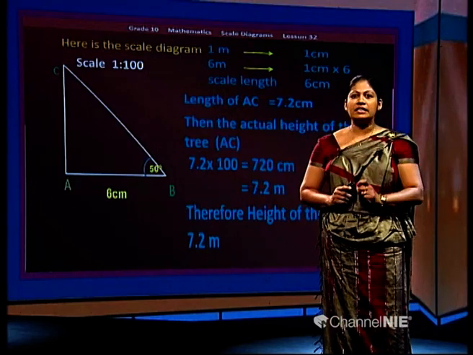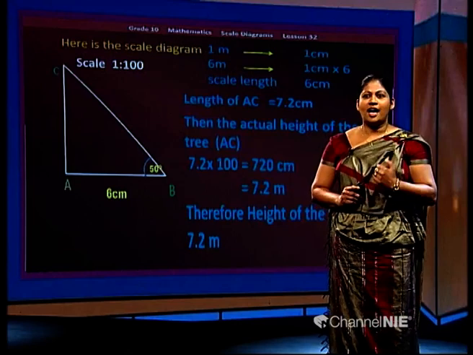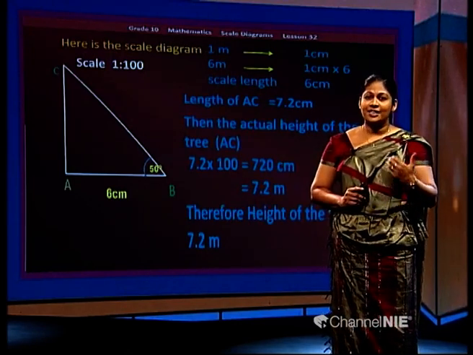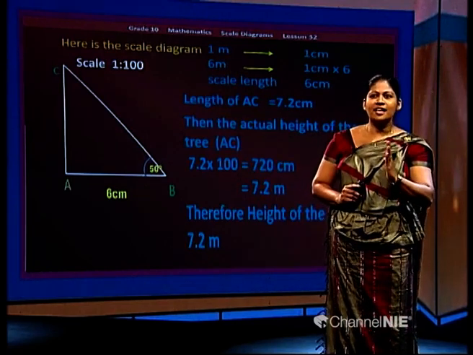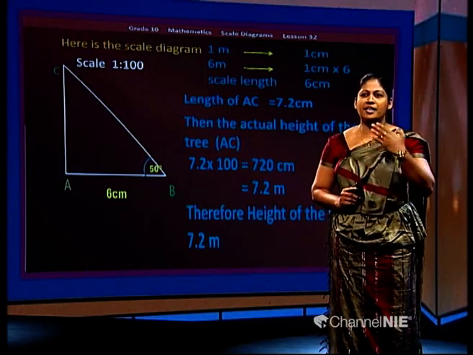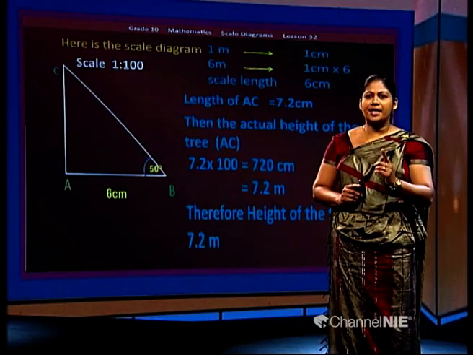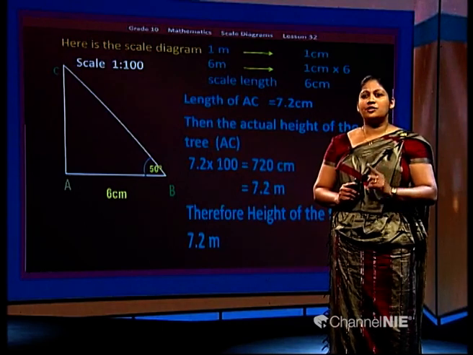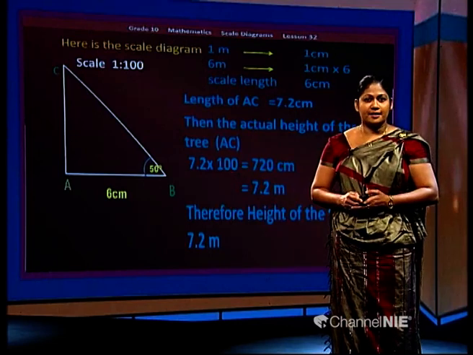Scale height of the tree. So, my question was the height of the tree, the actual height of the tree. What is that? If the scale height is 7.2 cm, I have to find the actual height. Now, according to the scale, I have to multiply 7.2 by 100 centimeters.